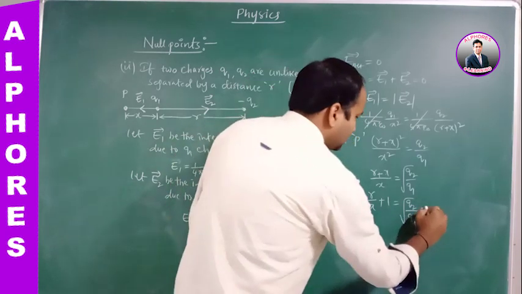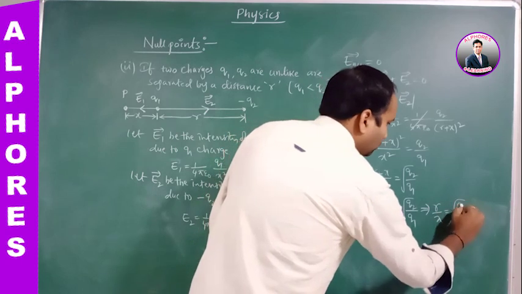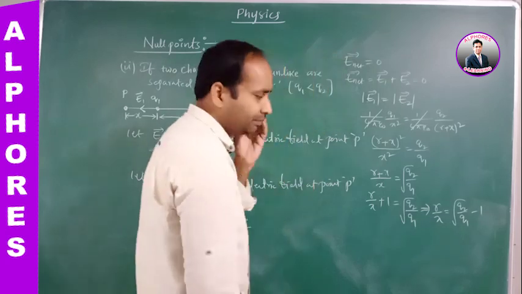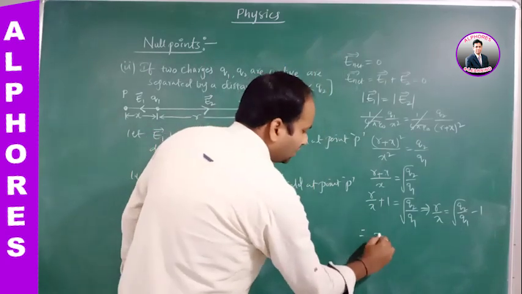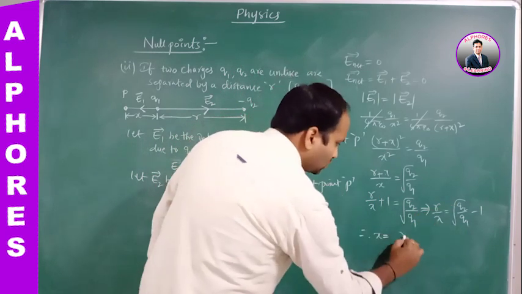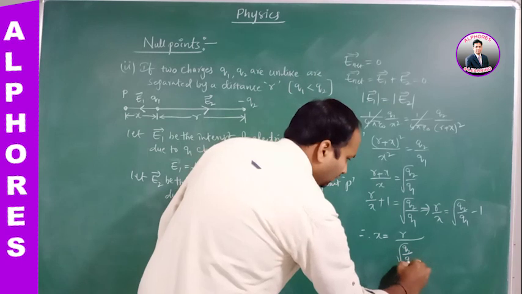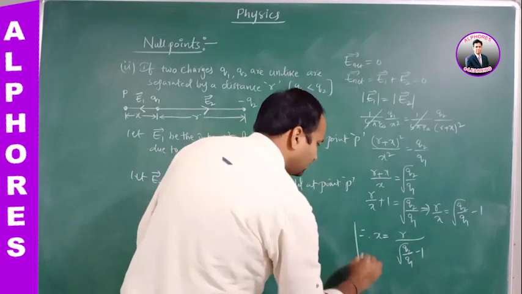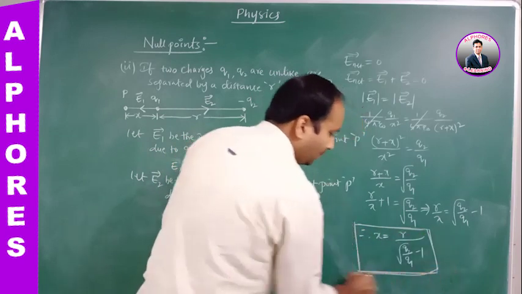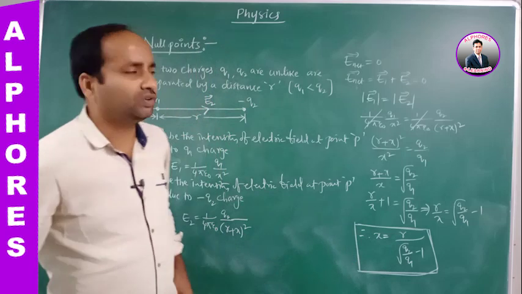That implies r by x is equal to under root of Q2 by Q1 minus 1. Therefore, x is equal to r by under root of Q2 by Q1 minus 1. So this is the location of null point.